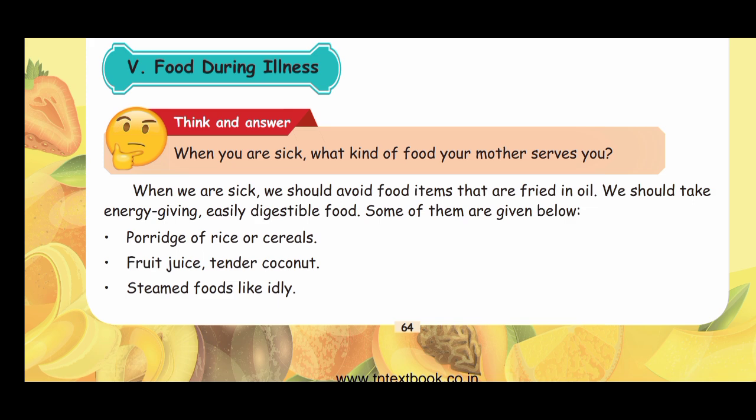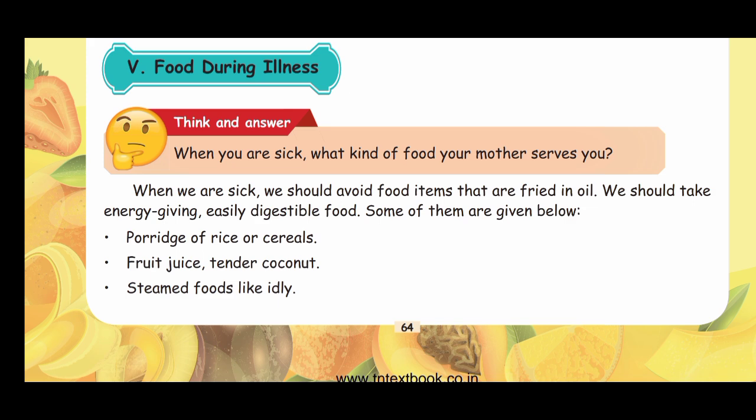When we are sick, we should avoid food items that are fried in oil. So we should avoid all these chips and some fried items like chicken 65, all those things when we are not feeling well. We should take energy giving, easily digestible food.